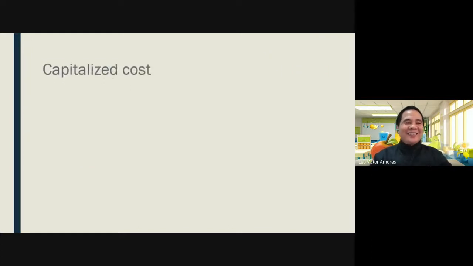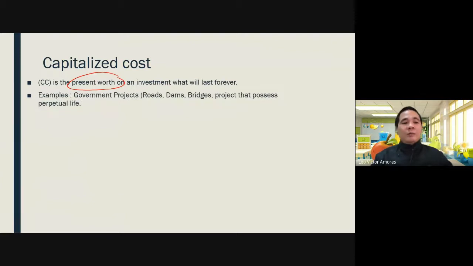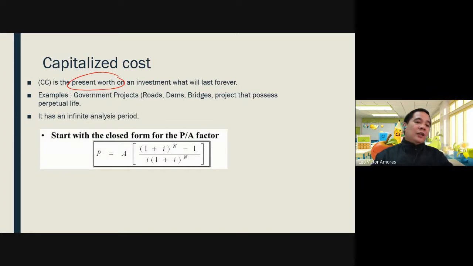So I'll proceed to capitalized cost. Capitalized cost is the present worth of an investment that will last forever. So how do you compute it? Examples are roads, dams, bridges and projects that possess perpetual life. So it has an infinite analysis period.